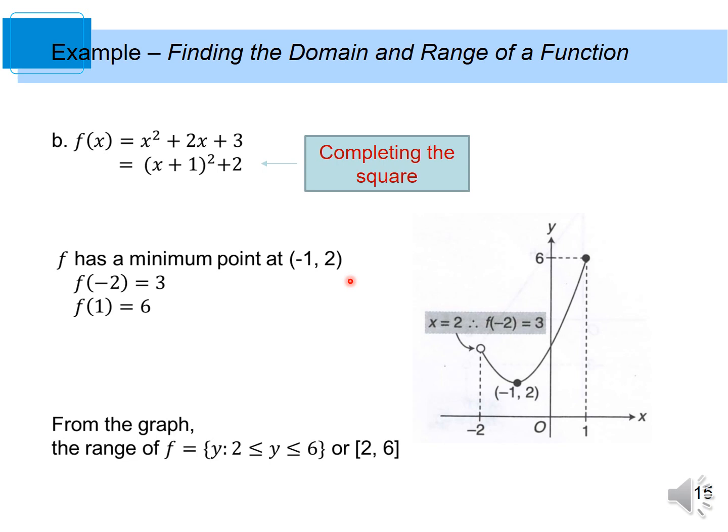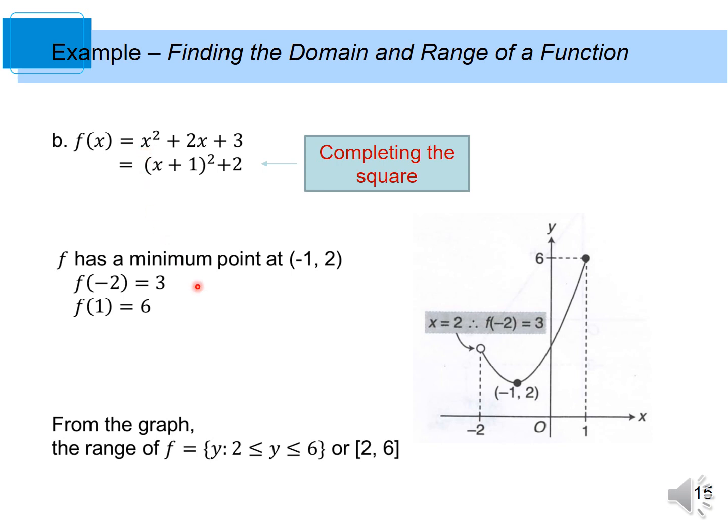For the quadratic function, you need to perform completing the square. So this function has a minimum point at (-1, 2). Why do you say this is a minimum point? Because the leading coefficient of this quadratic equation is positive.